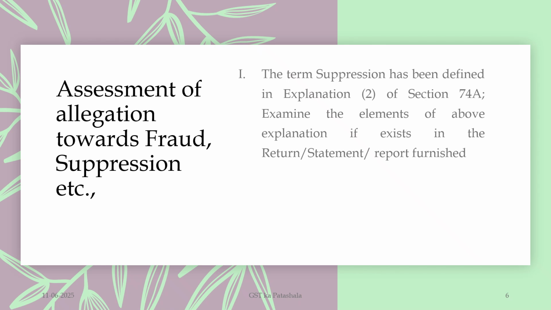So this burden is on the proper officer. Whenever there is suppression, they have to detail what information, in writing or in a statement which the taxpayer has furnished, is not proper.